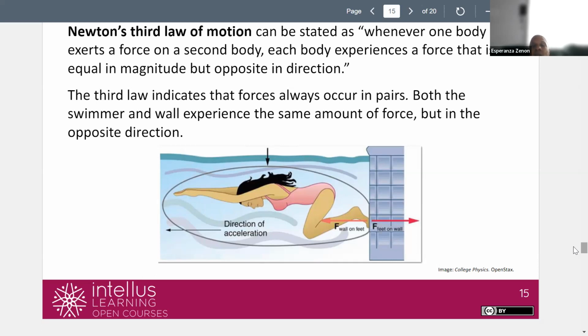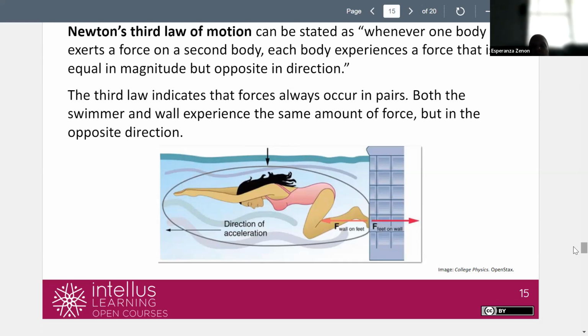Well, we hope that when the swimmer pushes on the wall, it doesn't collapse, right? That's pretty much a given. So it means that the wall is not going to accelerate, or the acceleration will be very, very small. But when the wall pushes back on the swimmer, because the swimmer's mass is not as much, the swimmer is going to experience an acceleration.